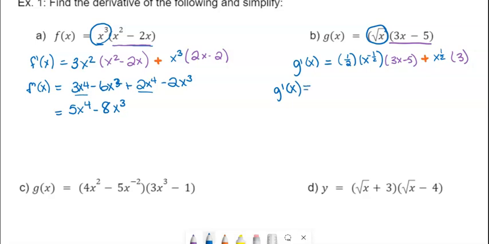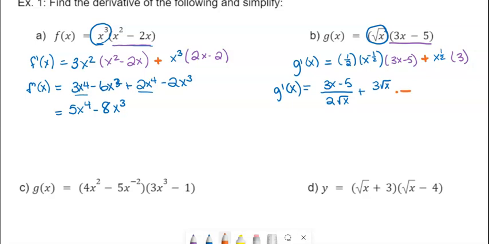Okay, so I've got 3x minus 5 all over 2 root x. And then this over here is 3 root x, square root x. Okay, so I want to add these terms together because I want to simplify as much as possible.